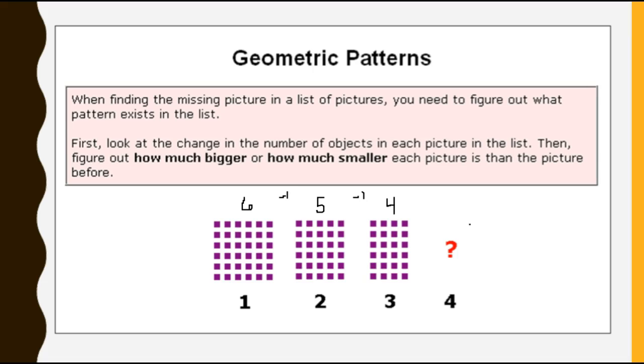So we should have, still should have 6 rows, but we're only going to have 3 columns this time because we're going to subtract one of the columns. So the next picture in our pattern should look something like that. So 1 less column.